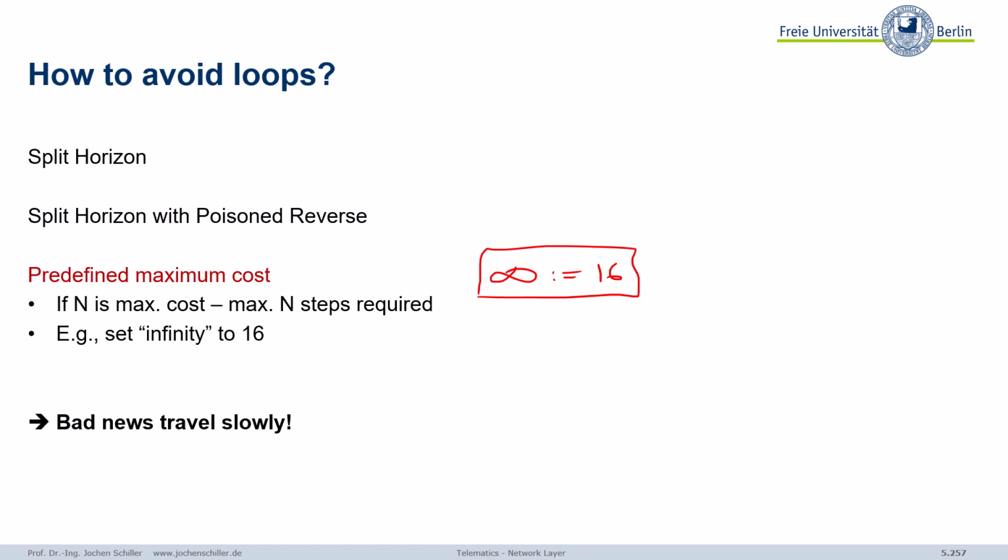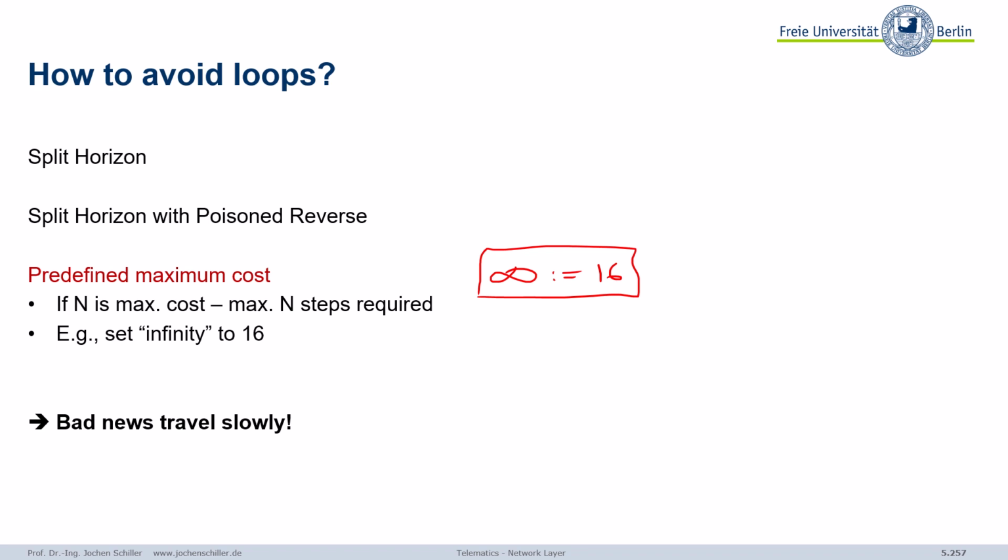Okay, but still, bad news travel slowly. And this is only some kind of artificial help: we limit infinity, and then we say it's unreachable if we reach this 16, which is a bit arbitrary.